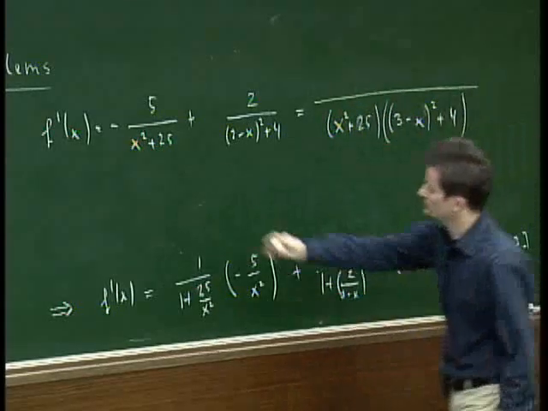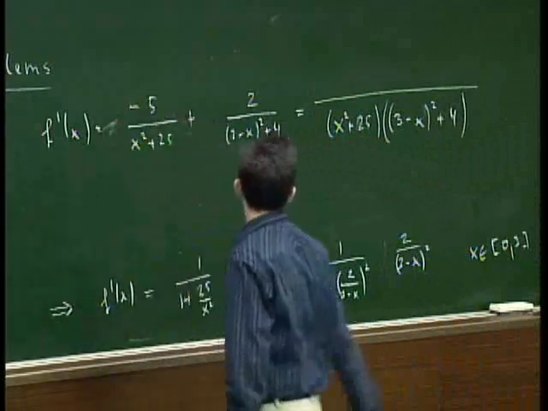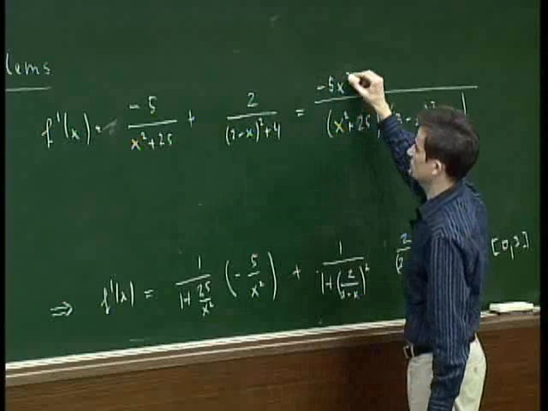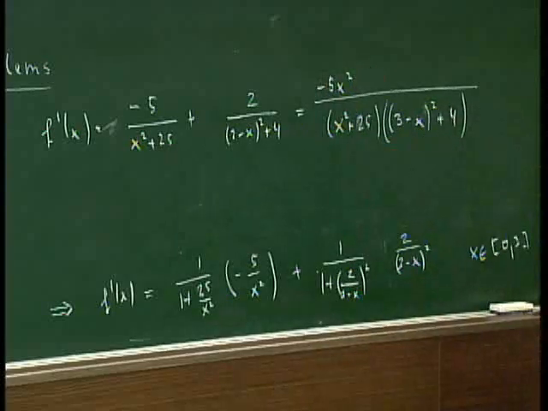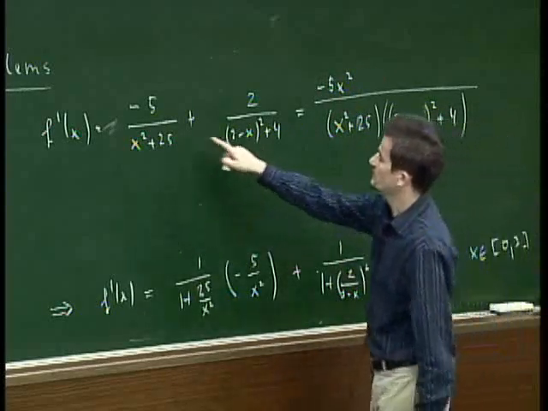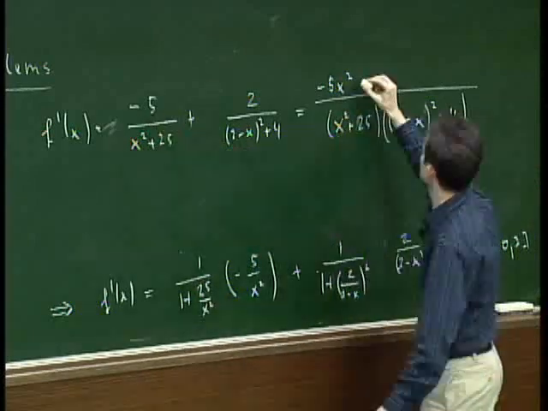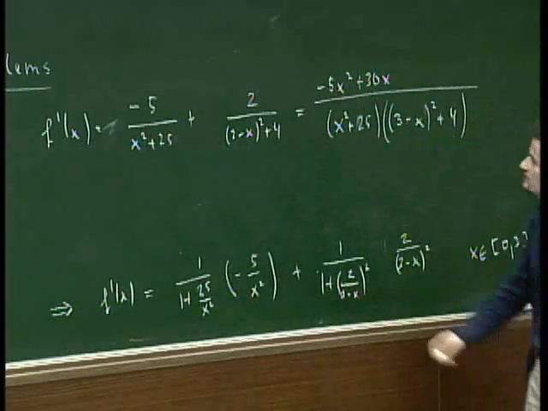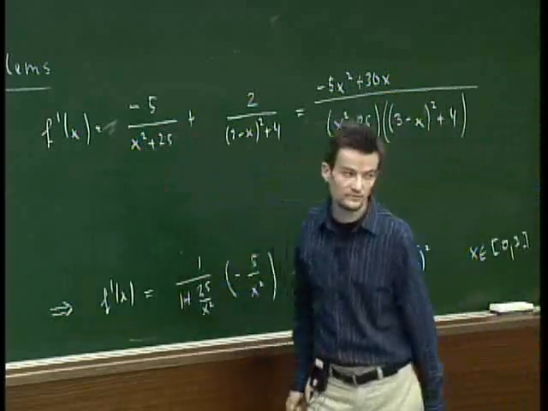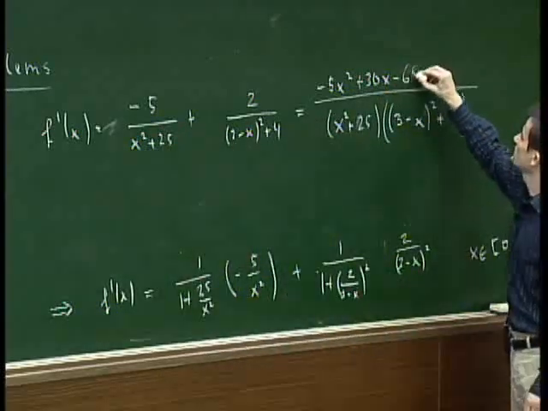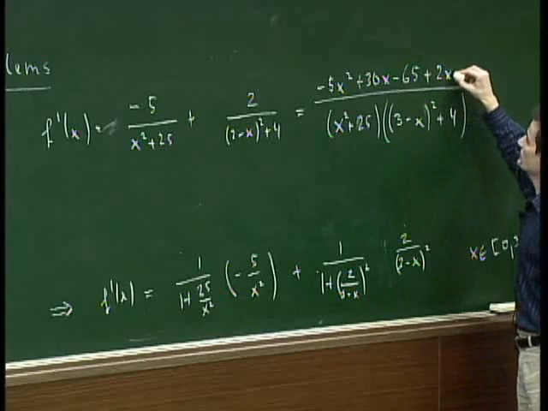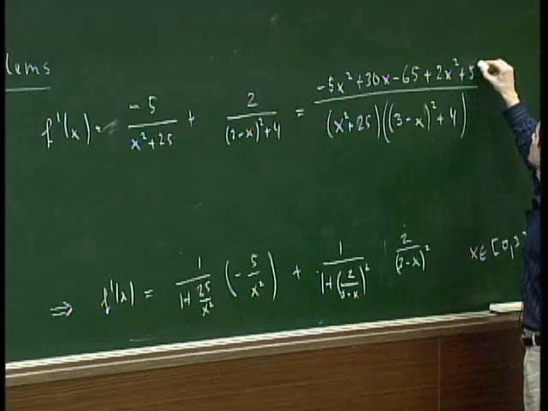Here we have a minus. So we have minus 5x squared, then minus 6x, with this minus 5 here we have plus 30x, then 9 plus 30, so times 5, minus 65, plus 2x squared plus 50.